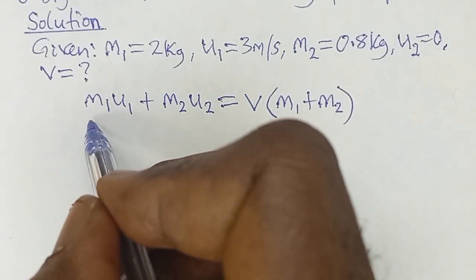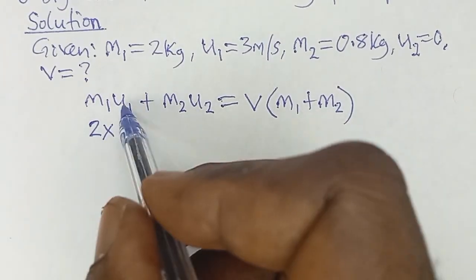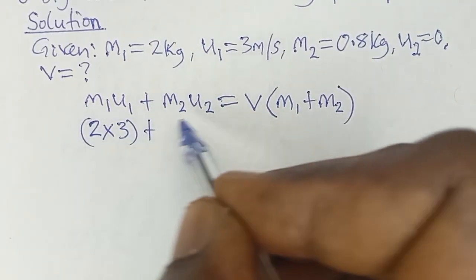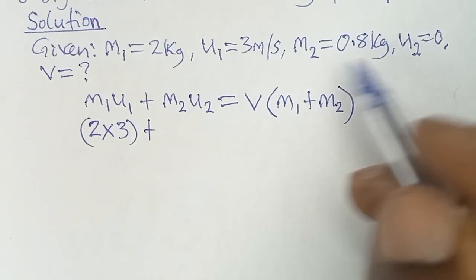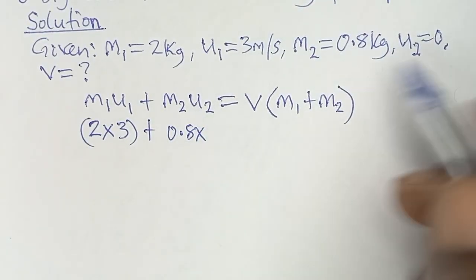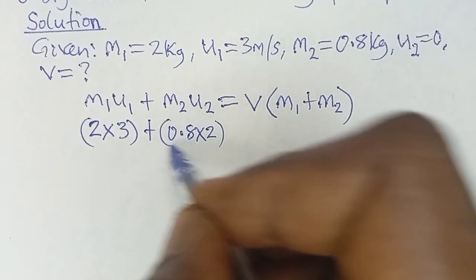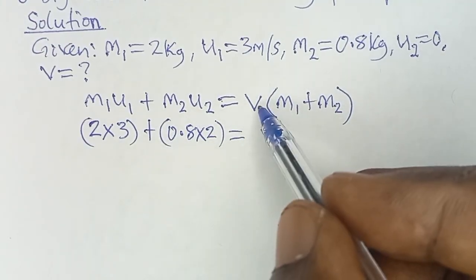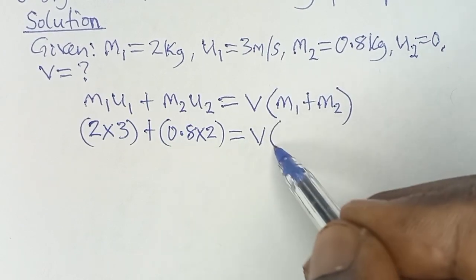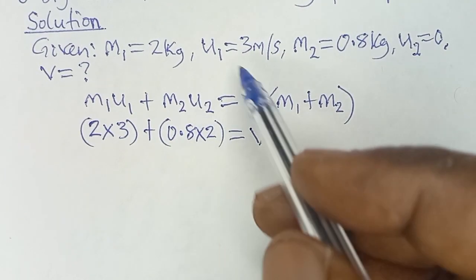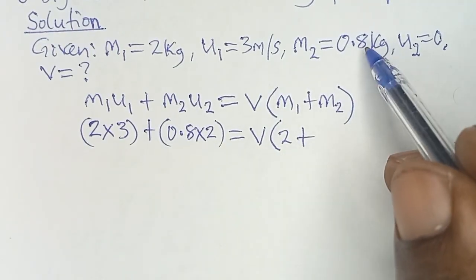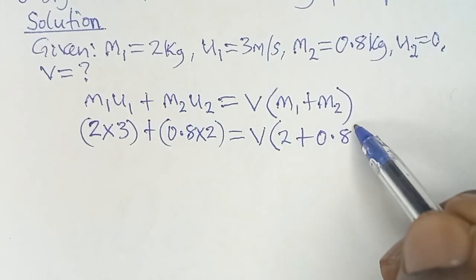M1 is 2 multiplied by U1 is 3, and then plus M2 is 0.8 multiplied by U2, which is 0 because it is stationary, is equal to V, the final velocity with which they move off together. That is what we are looking for. And don't forget, M1 is 2 as usual, plus M2, which is 0.8.